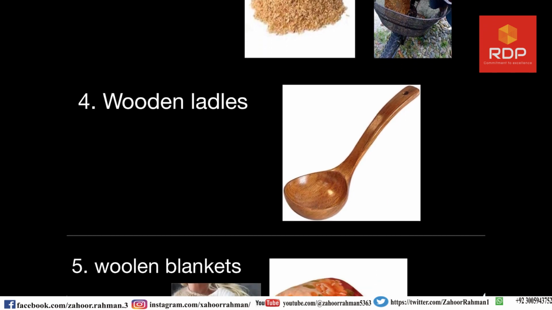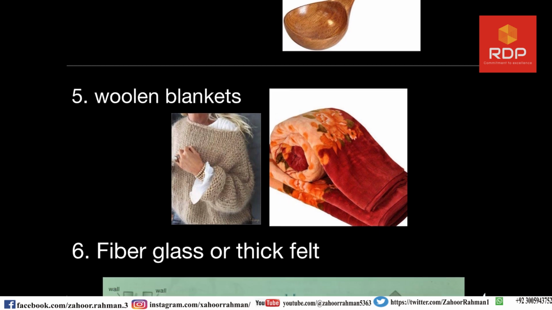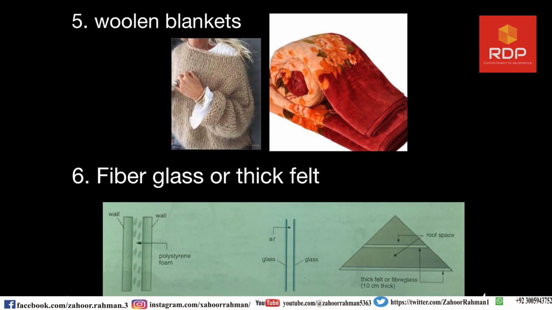Now the fifth one is the woolen blanket. The woolen blanket or clothes are used to keep people warm on cold days. As discussed earlier, this can trap air from flowing from our body to the surroundings.